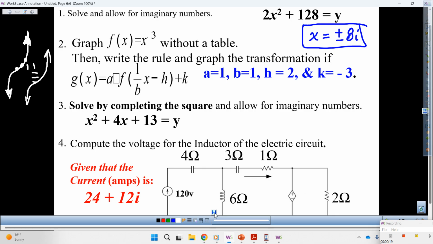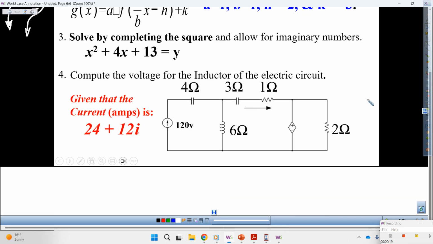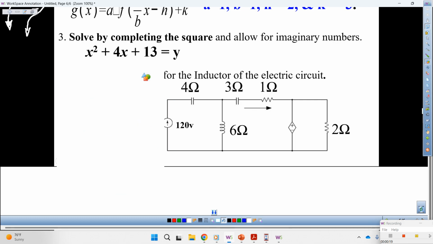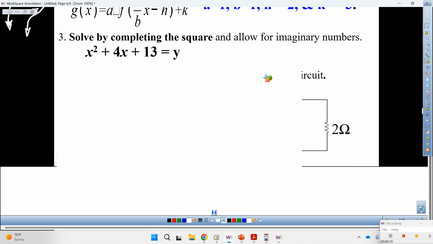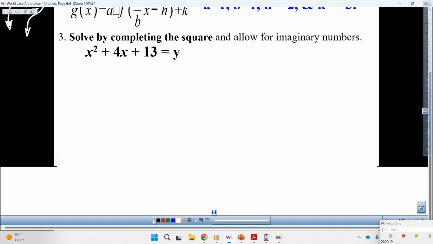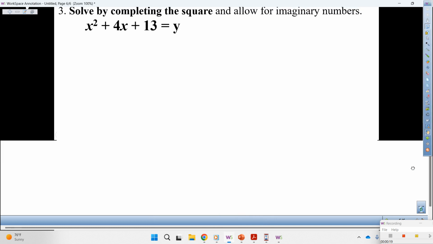Let's go to number 3. Solve by completing the square. For this one, I'm going to have someone help me out. But before I do, check with your neighbor, see what they got for that one. All right, here goes the process, completing the square.